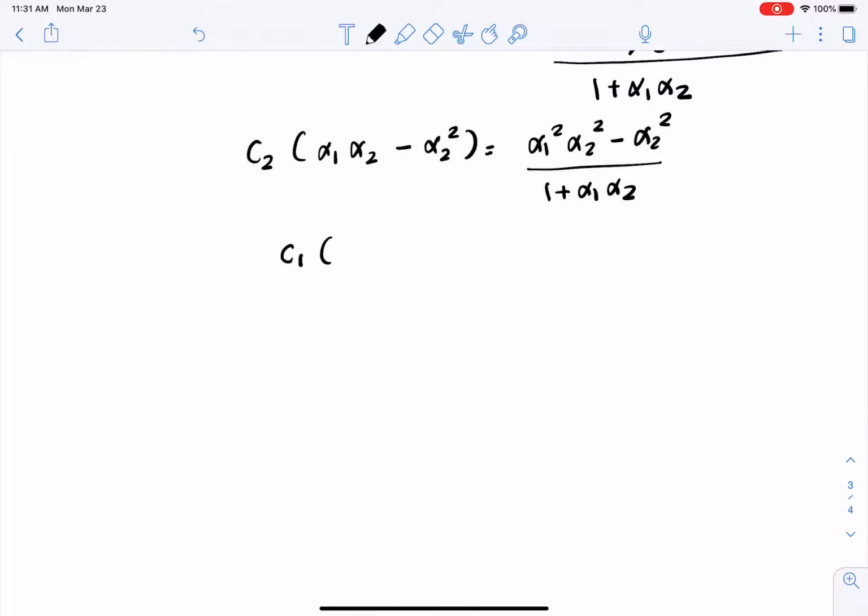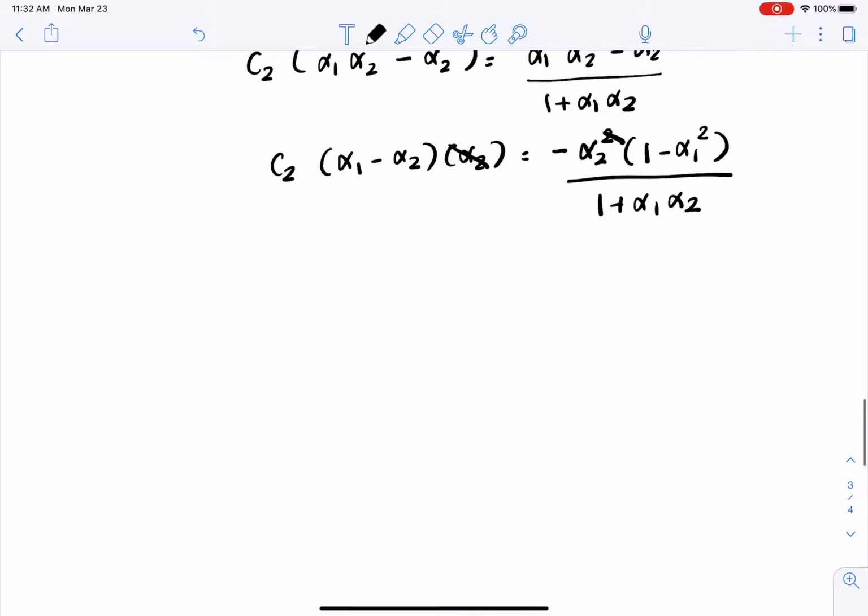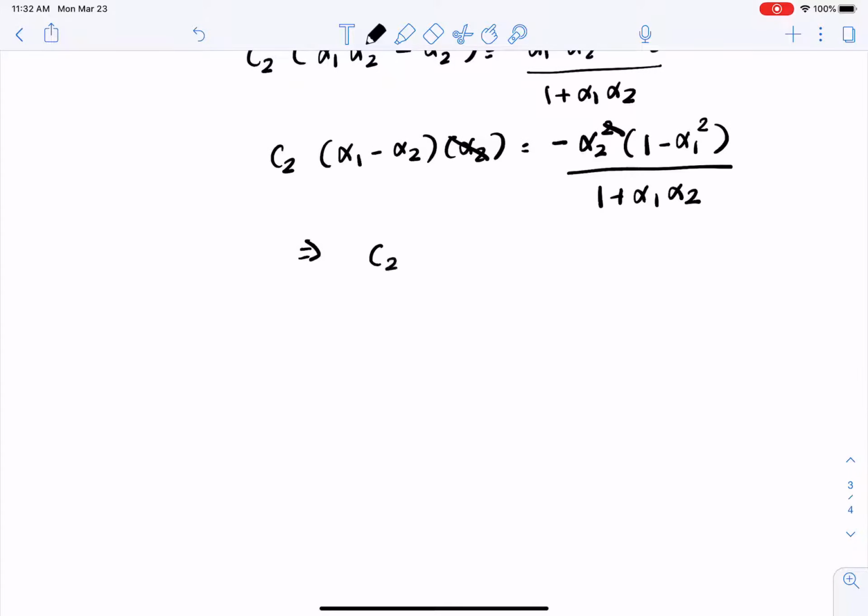We have an alpha 2 in common, so alpha 1 minus alpha 2 times alpha 2. I'm going to pull a negative alpha 2 squared out, which would mean 1 minus alpha 1 squared over 1 plus alpha 1 alpha 2. The alpha 2's would get cancelled, so the constant C2 is simply negative alpha 2 times 1 minus alpha 1 squared divided by alpha 1 minus alpha 2 times 1 plus alpha 1 alpha 2.